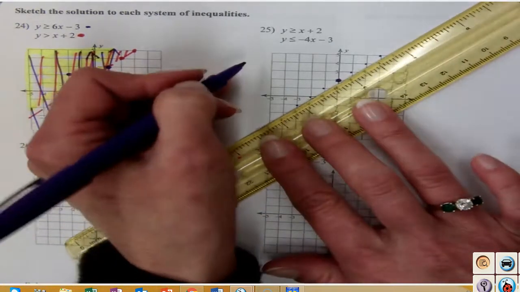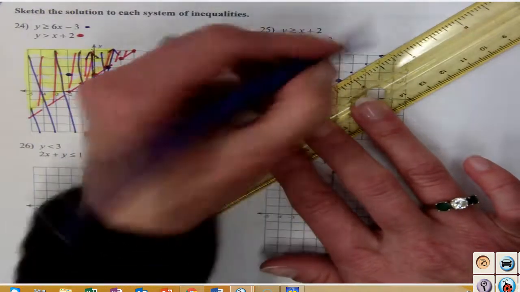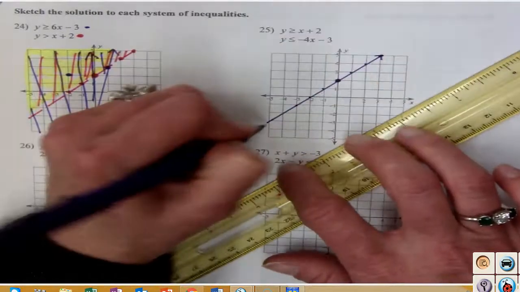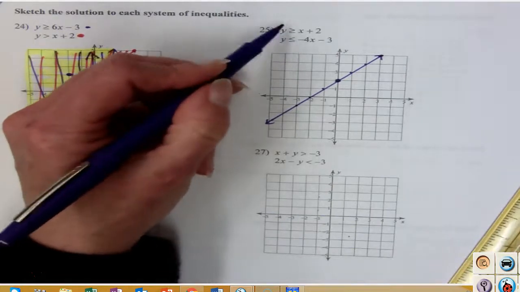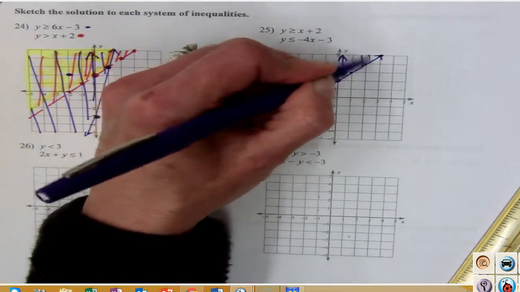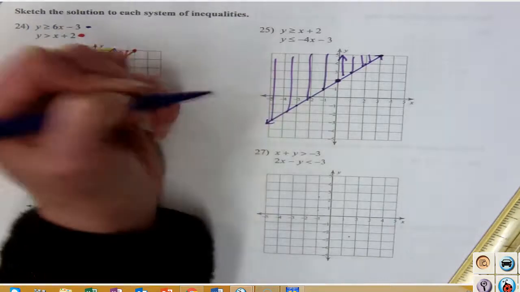And I'm going to use the solid line. Boom. And I then need to shade above because this is a greater than, so y is getting bigger, so y has to be bigger than anything on that line.